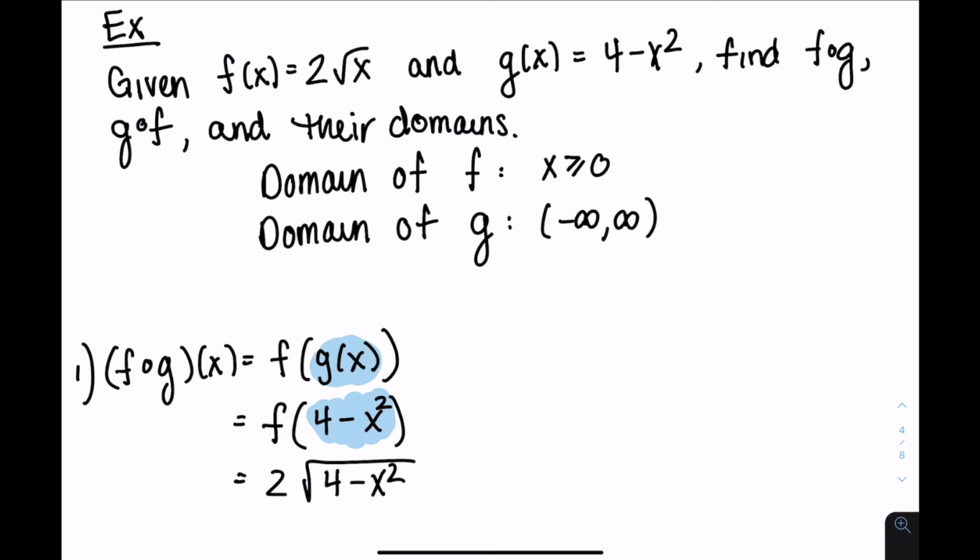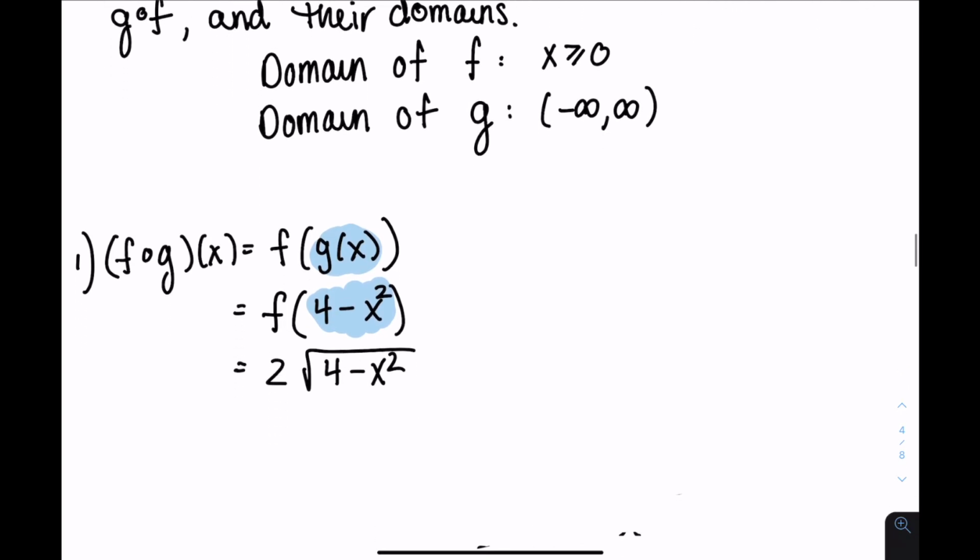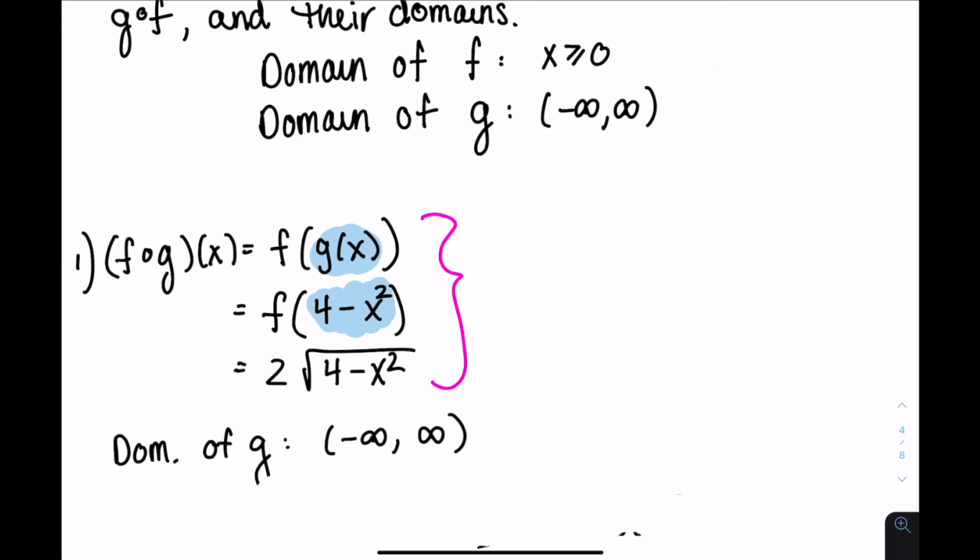This is our resulting composite function. Now we want to figure out the domain. I'm concerned with this inside function because I need the values of x that I pick to work at any point along these lines. I have to make sure I'm writing a valid expression every single step along the way. Because g is on the inside, that's important, but g itself has no issues. You can pick whatever you want.